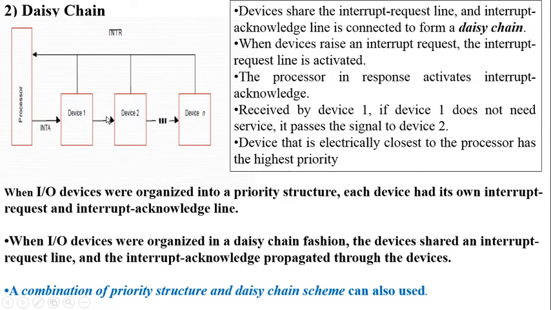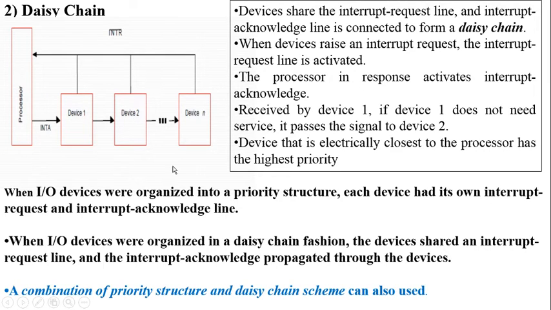Device 2 identifies that it already placed an interrupt request, and now it receives the acknowledgement, so its request is going to be processed by the processor next. Device N has also placed a request, but the request that gets serviced first is the request of device 2.